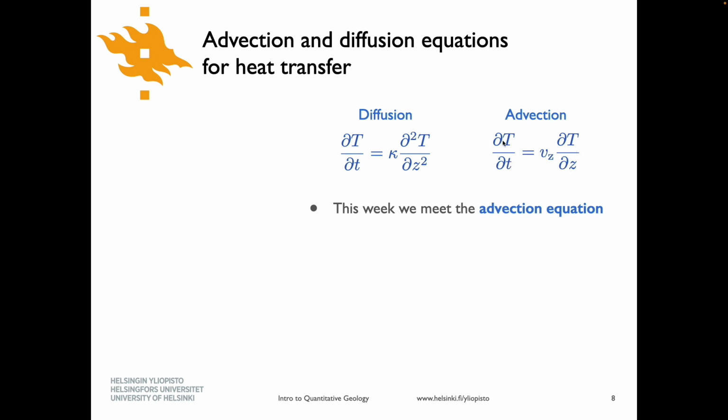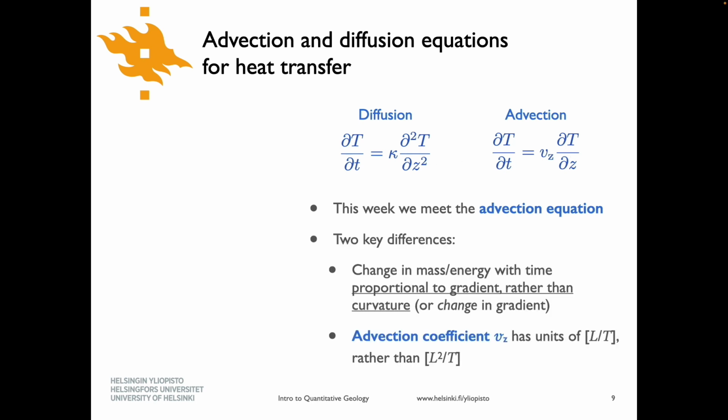So the idea is that we could calculate the change in temperature from advection just as a product of the velocity at which the material is being moved and the gradient in temperature. It looks in many respects similar to the diffusion equation, but we have a first derivative instead of a second derivative. And that's one of our key differences.